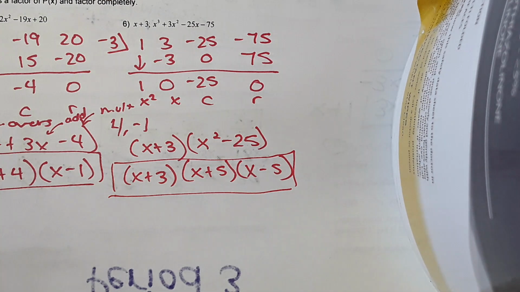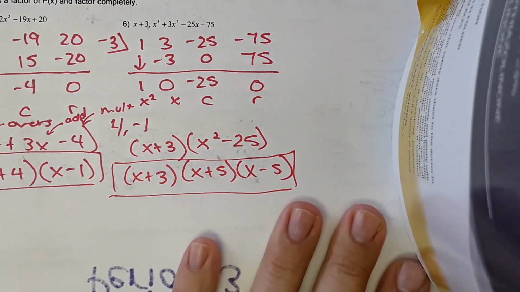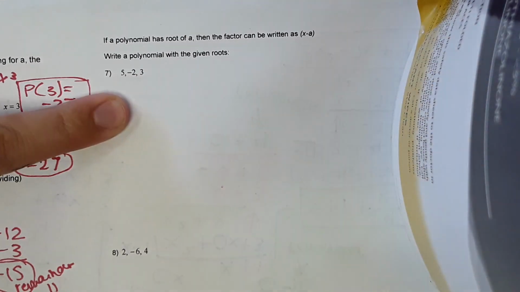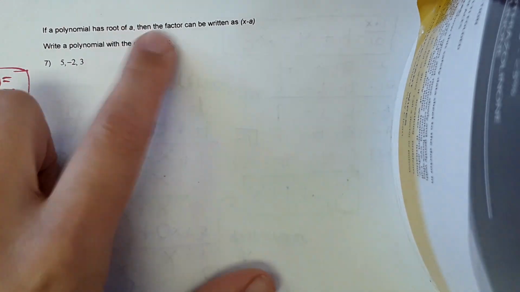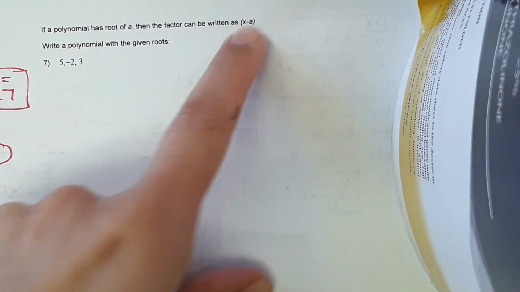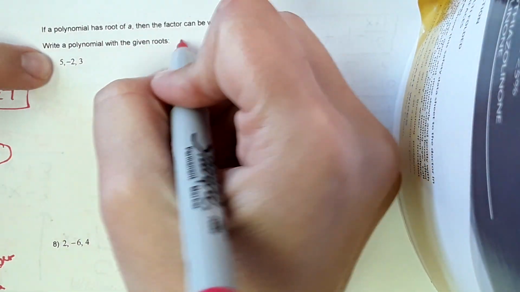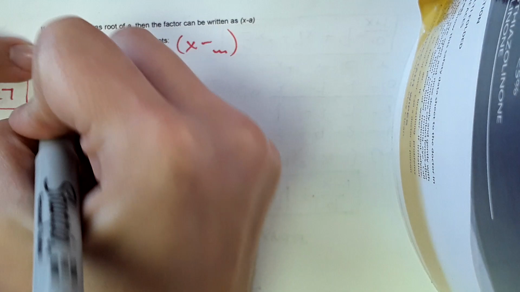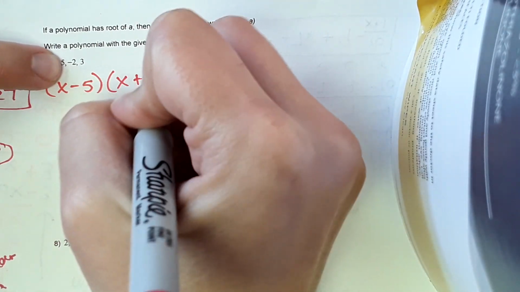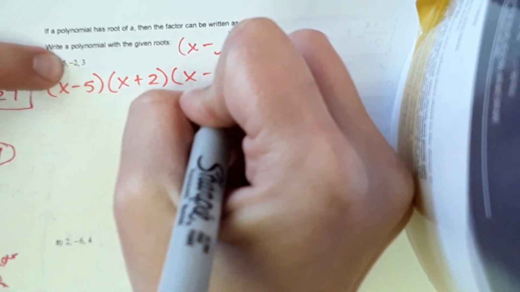Okay, and one last page. So we're going up to number 7 now. If a polynomial has a root of a, then the factor can be written as x minus a. So for each one of these, we're going to do x minus whatever that number is. So it would be like this, x minus 5, x plus 2, and x minus 3.